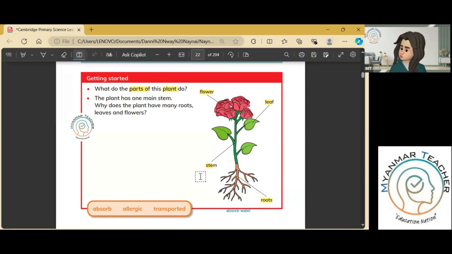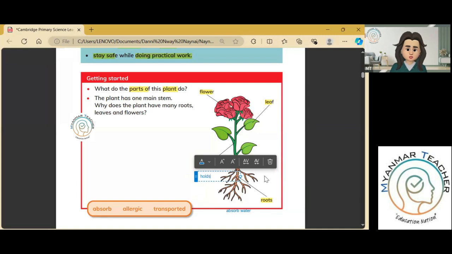So now let's do stem. The stem basically holds the plant up, and also it transports water around the plant. Okay, now we're done. Let's do the leaves.